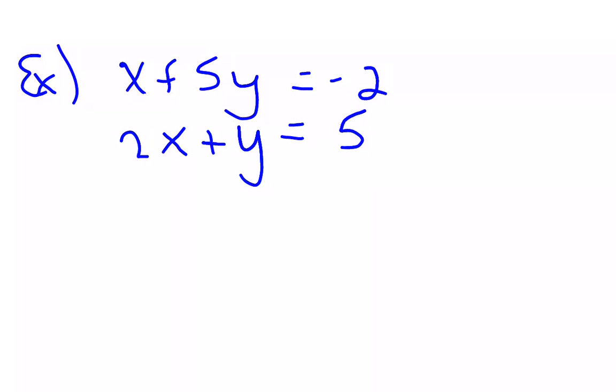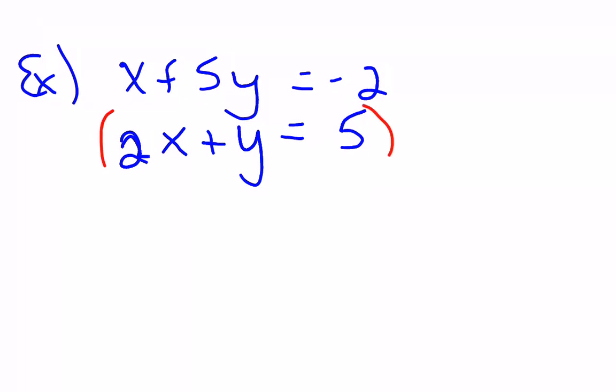All right, we want to find the point of intersection, which means that's the solution to the system. Okay, so if we go to add these, they're not going to work. So we have to multiply one or both by something to get to the other. If we look at the y's, if I just multiplied the second equation by -5, that would work.